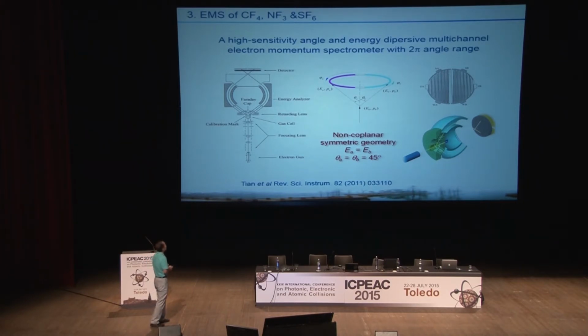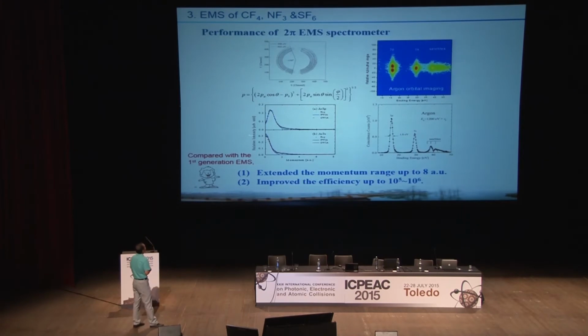The performance of the EMS spectrometer is measured through measuring the ionization of argon. This figure shows the argon orbital images, and this is the binding energy.